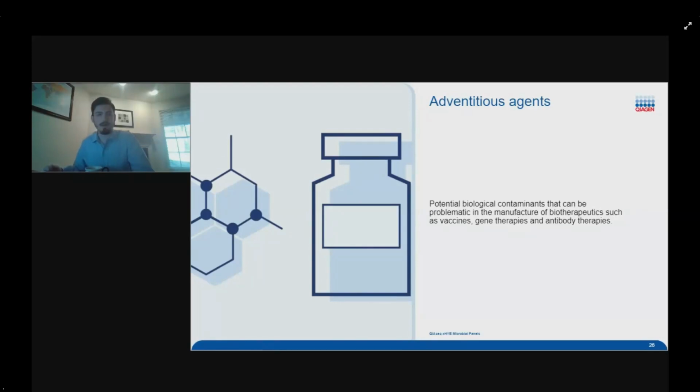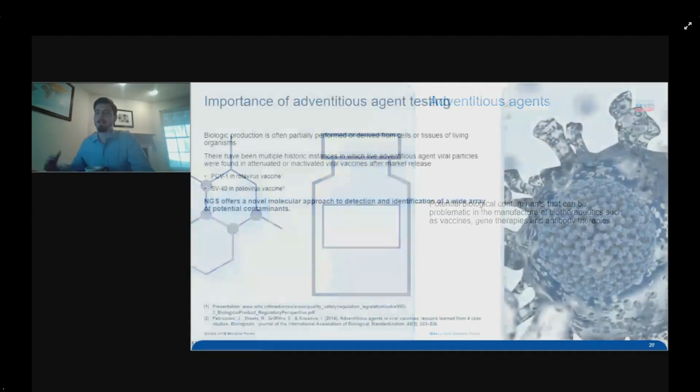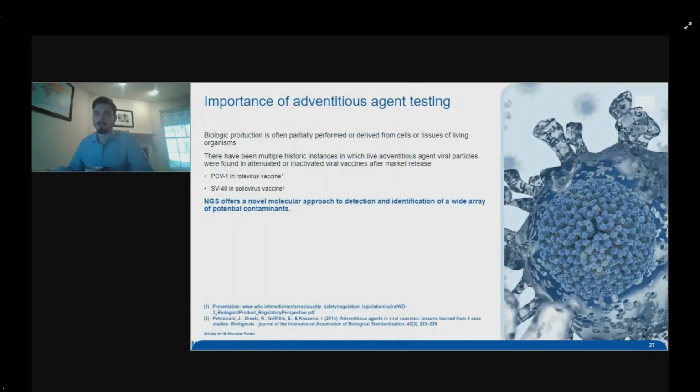So right now, there is a lack of good detection methods of all these different viruses that are present in these samples, and there has historically been times when these types of viruses have gotten into things like vaccines.